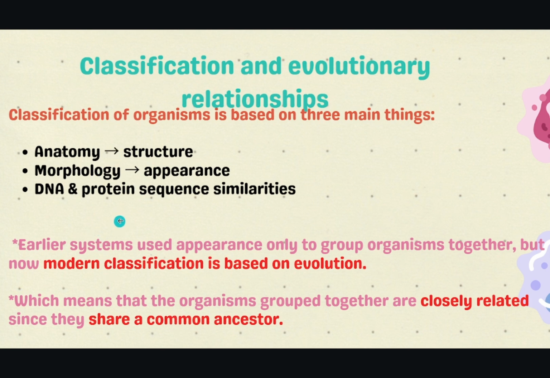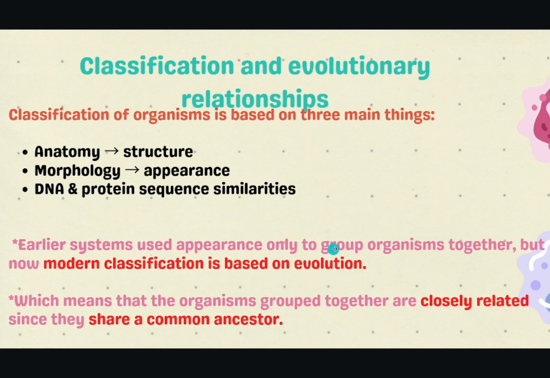Now, earlier, back when DNA and protein sequence similarities were not available, scientists did not use them. Earlier systems used appearance only, which means they used anatomy and morphology more often to group organisms together. But now, the modern classification is based on evolution.